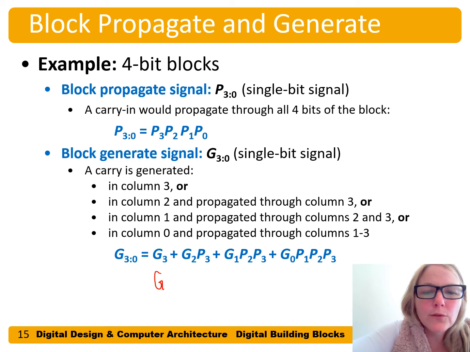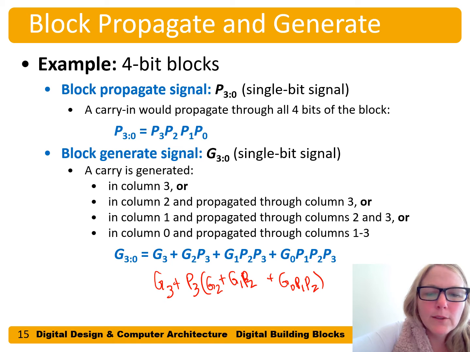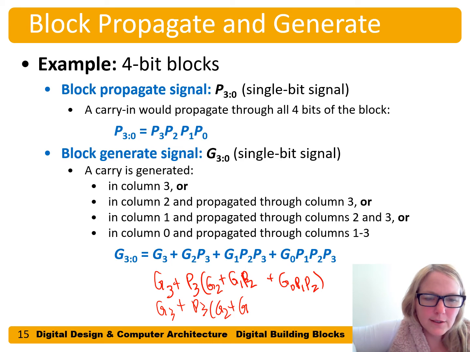We'll show it in circuit form by factoring out this P3 and get G2 or G1, P2, or G0, P1, P2. And then we can factor out this P2 right there. We're going to get G3 or P3 and G2 or G1, or let's factor that out.